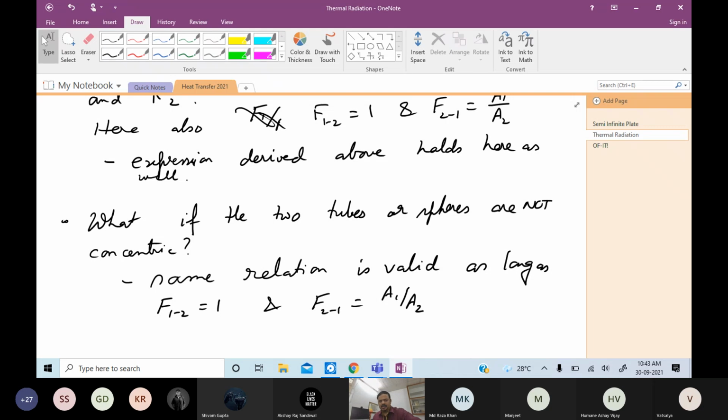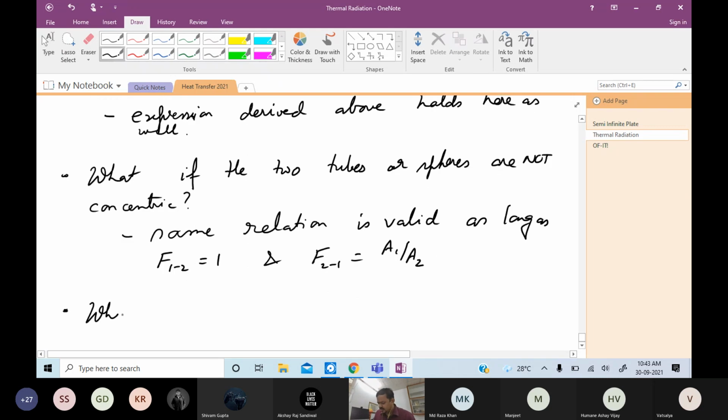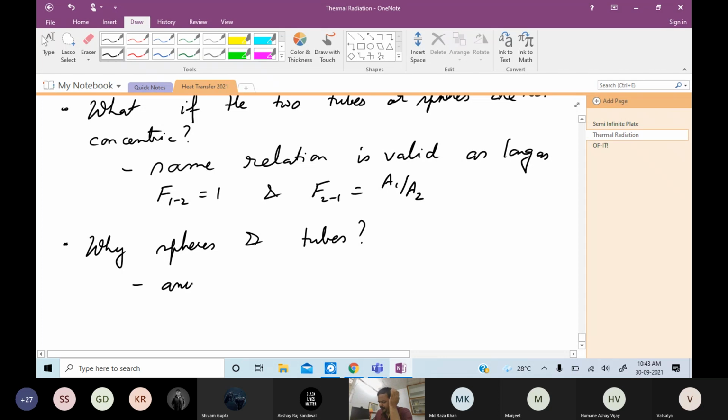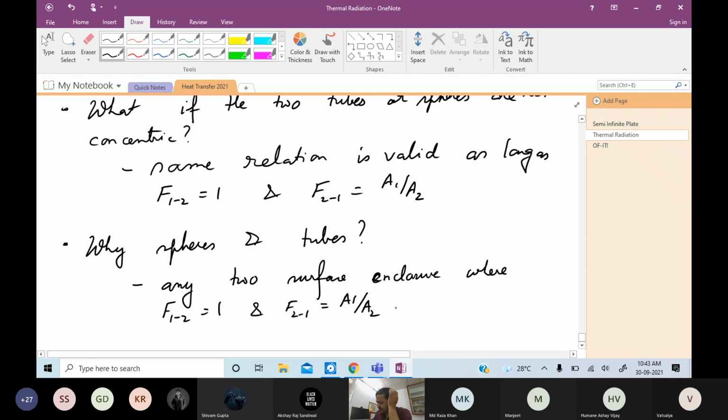Why spheres and tubes or cylinders? Any two surface enclosure where F1 to 2 equals 1 and F2 to 1 equals A1 by A2 will be fine.